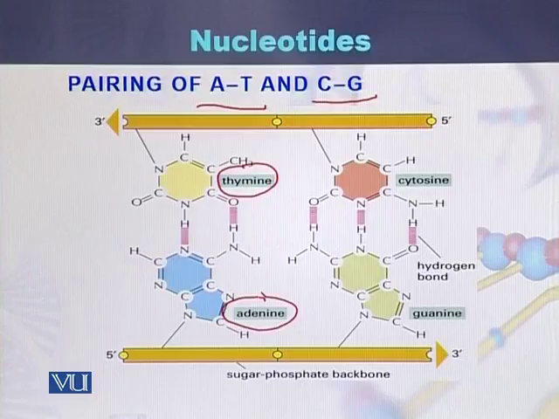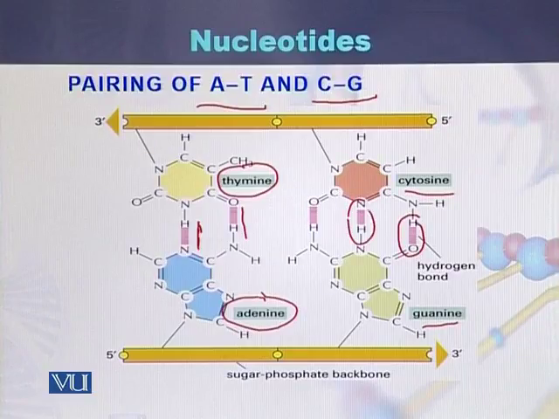There is a double bond, bond number 1, between these two bases, thymine and adenine, and this is the second bond between thymine and adenine. On the other hand, there are 3 bonds between cytosine and guanine: bond number 1, bond number 2, bond number 3.